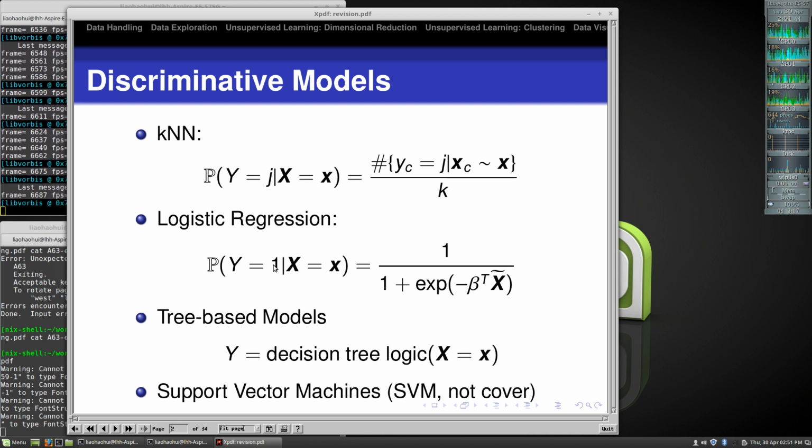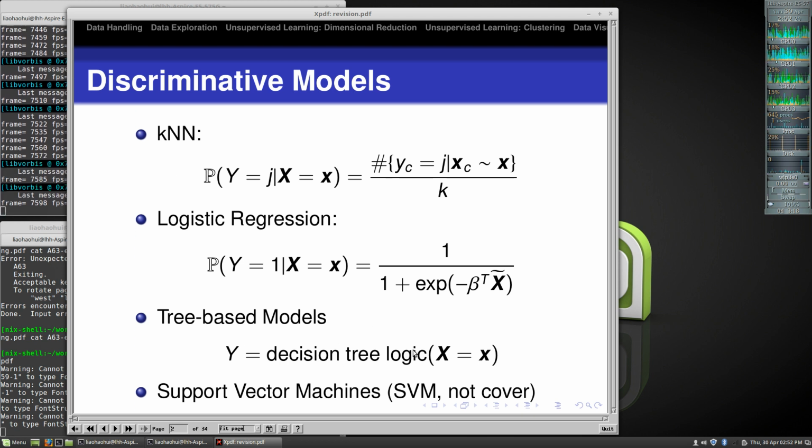The value we can't determine, where it's up to us whether to put it positive or negative, is 0.5. So equating this to 0.5, we can solve the equation, and in the end we actually get a linear equation. In the two-dimensional case, it's something like a line separating out the positive and negative class. So that's why it belongs to a discriminative model.